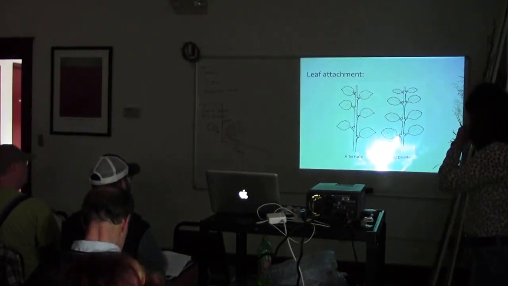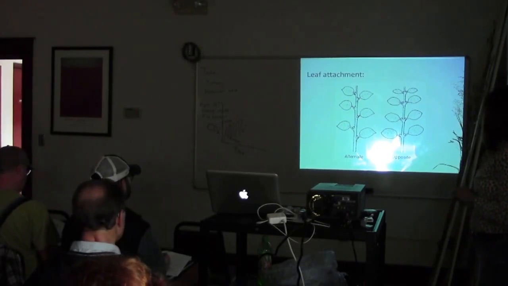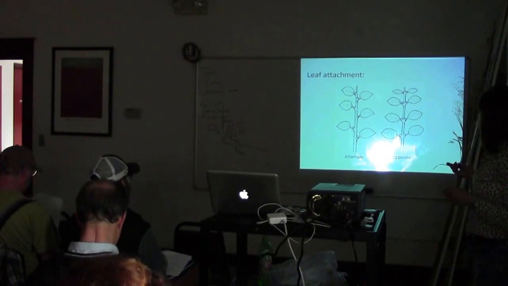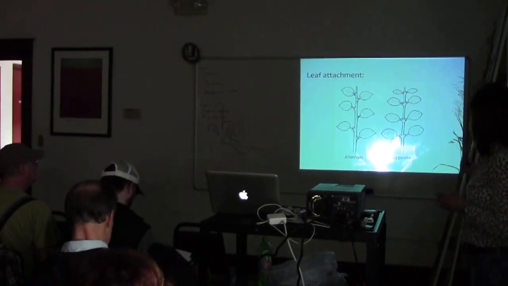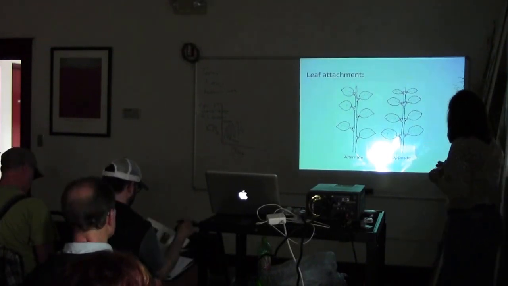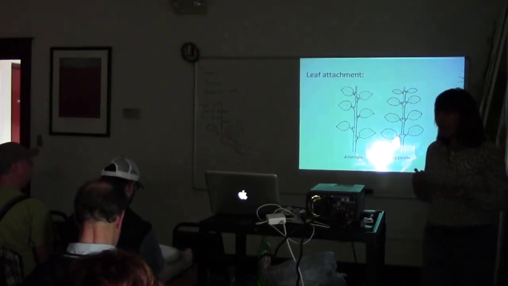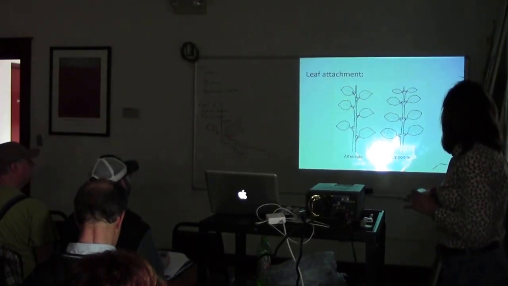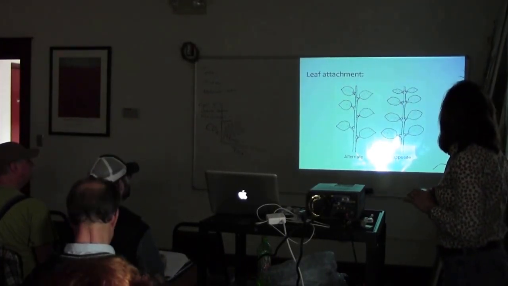Leaf attachment. Look at all those big fat buds. So here again we see the alternate attachment and the opposite attachment. What classic plant out here on Konza Prairie has opposite leaf attachment? Dogwood. Dogwood, yep.